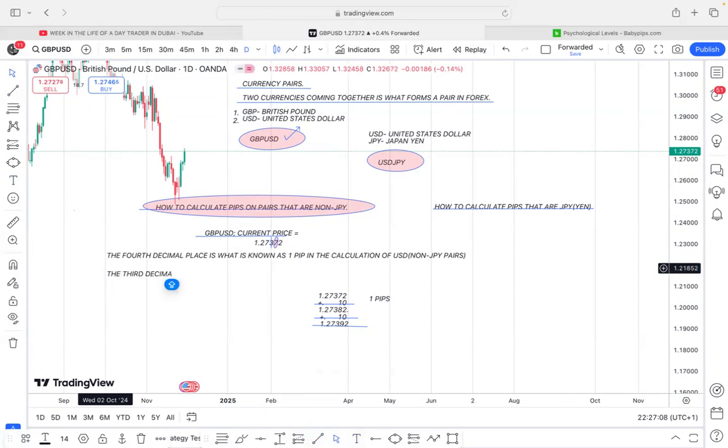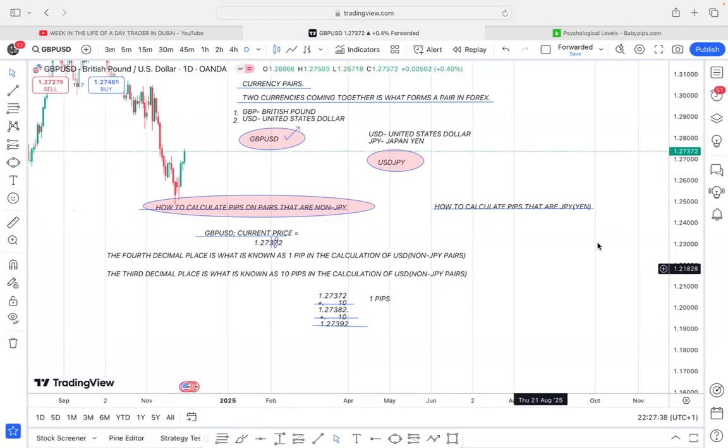For those of you that don't know how to calculate pips, the third decimal place is what is known as 10 pips in the calculation of US dollar non-JPY pairs, like that and like that.